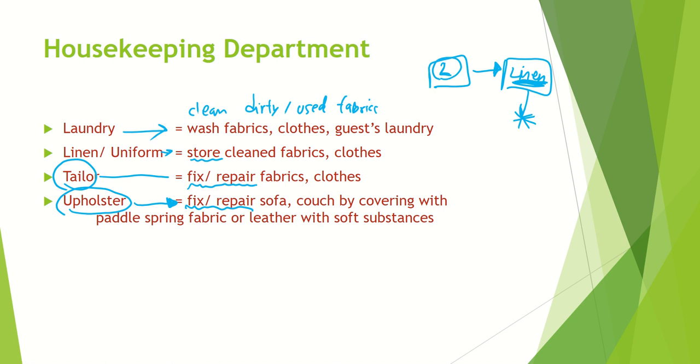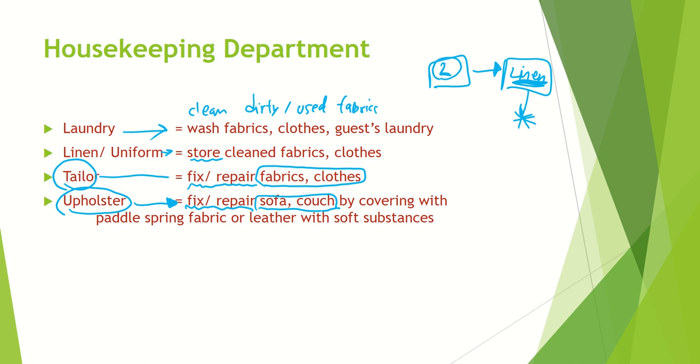But the difference is that a tailor fixes and repairs fabric and cloth. But an upholster fixes and repairs not fabrics or cloth, but furniture like a sofa or couch, by covering the padding, springs, with fabric or leather or soft substances.